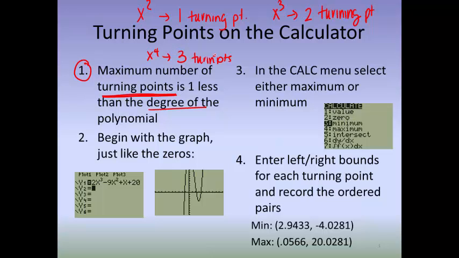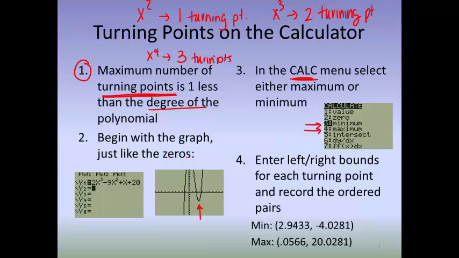You've got that on your screen, and we're still going to go back to that calc menu, but this time we're going to be looking at either the maximum or the minimum, which is numbers 3 and number 4. So go back to the calc button, and I'm going to select the minimum first. Okay. So when I select the minimum, I have to address the minimum, and that would be this one right here. So I don't want to address the maximum, which I actually can't even see right now in my calculator at all.